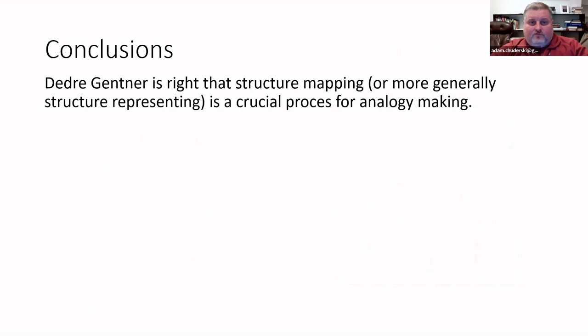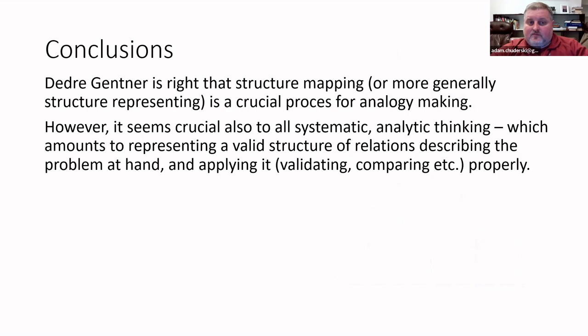So quick conclusions. Dedre Gentner was absolutely right that structure mapping is a crucial process for analogy making, but it seems that it's crucial not only for analogy, but to all systematic analytic thinking, which may amount to simply representing a valid structure of relations describing the problem you solved, be it reasoning, problem solving, decision making, or anything.